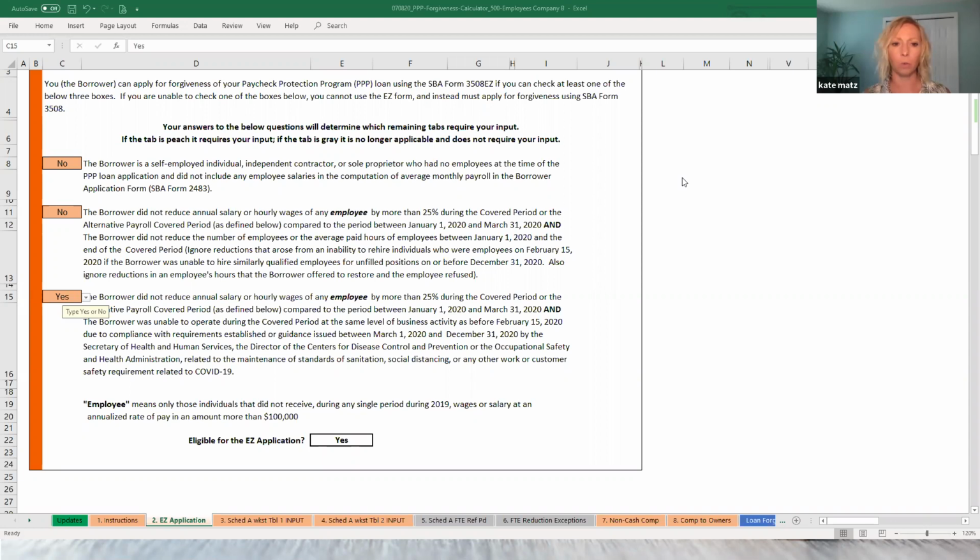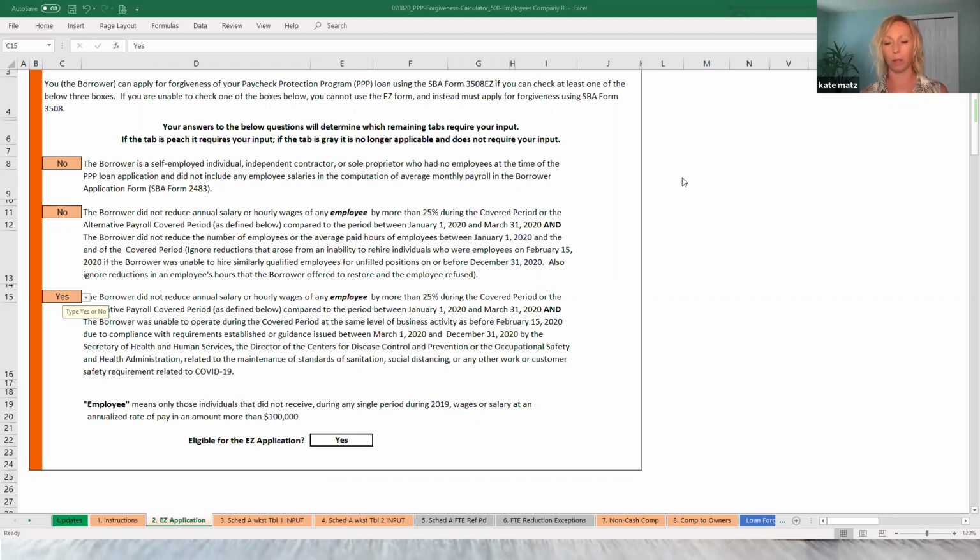So really the EZ form, it's interesting when they were talking about a more streamlined approach. What was getting thrown out a lot was having a dollar threshold of what your loan was, and that if it was under a certain dollar amount, there'd be a more streamlined way.